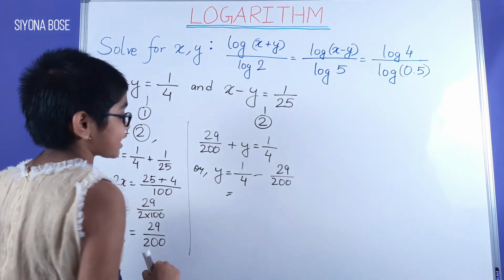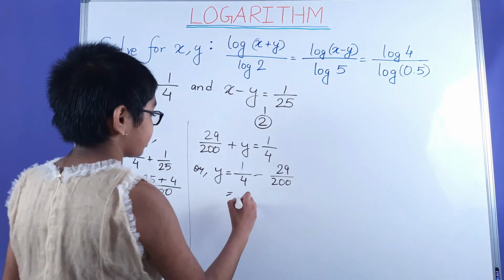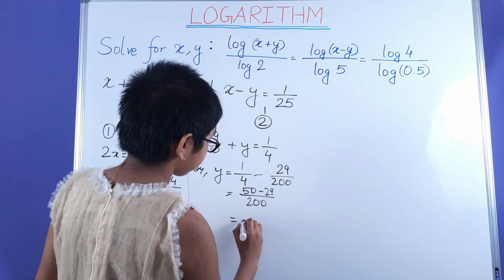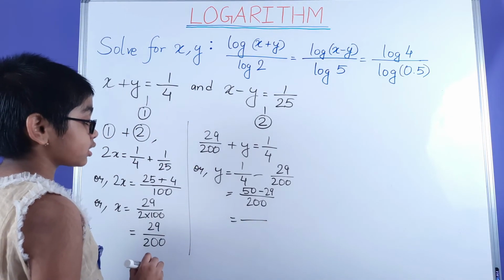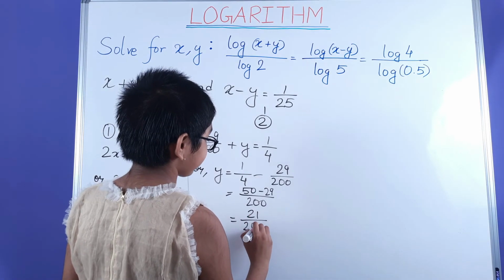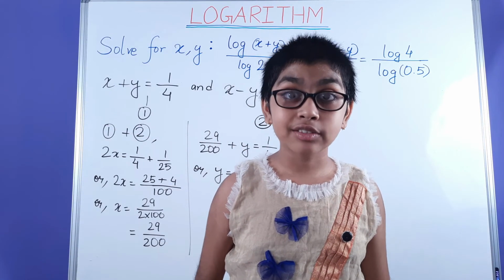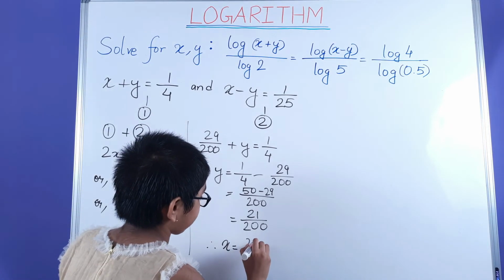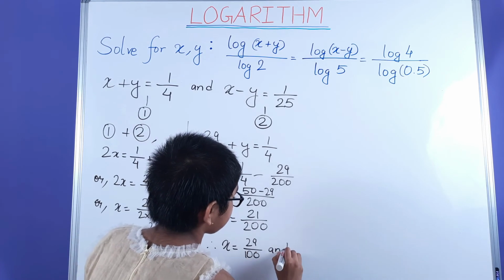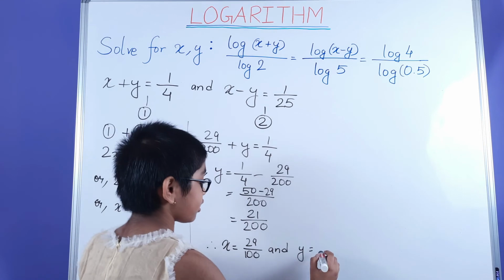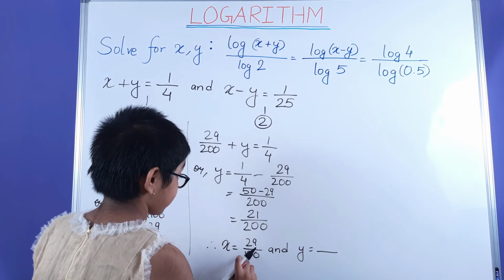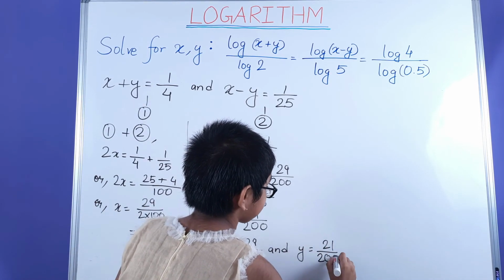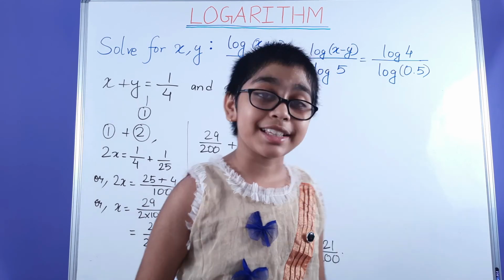Taking LCM, it's obviously 200, and in the numerator we will have 50 minus 29 by 200, which is 21 by 200. Therefore, x equal to 29 by 200 and y equal to 21 by 200. This is our final answer.